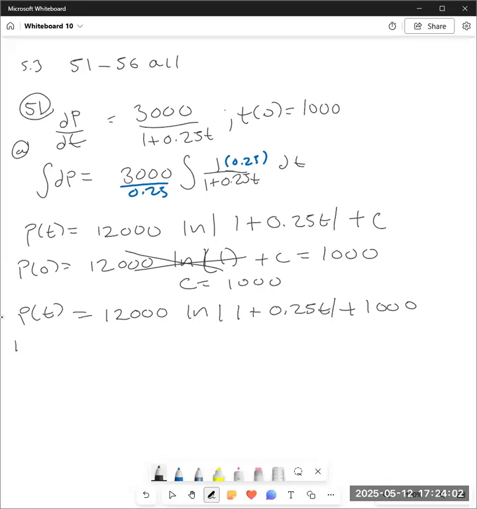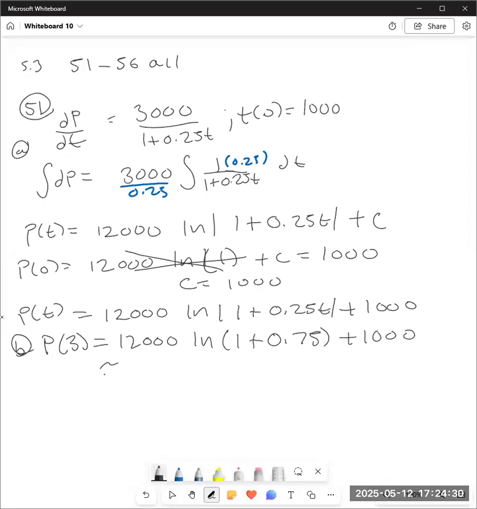Part B says to find the population after 3 days. After 3 days, P of 3 is 12,000 ln of 1 plus 3 times 0.25, which is 0.75, plus 1,000.